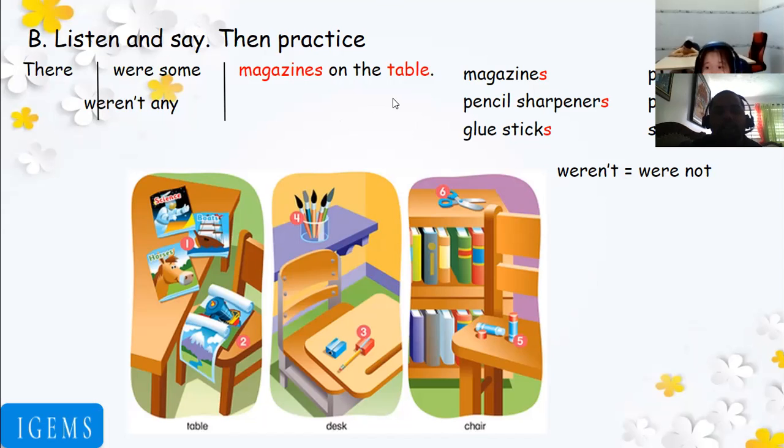Okay, so now let's continue with this. Let's continue. Can you repeat that with me? There were, can you please follow me? There were magazines on the table.